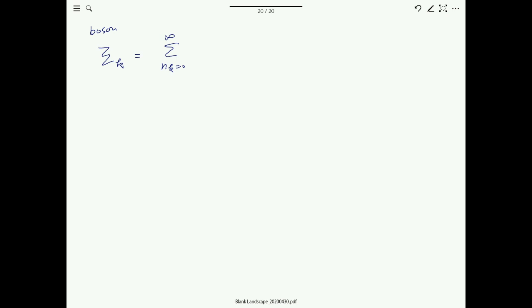And then I have a specific term, where my energy will be n_k multiplied by epsilon_k, minus the chemical potential mu. Okay, so this is essentially my grand canonical partition function for a single mode.